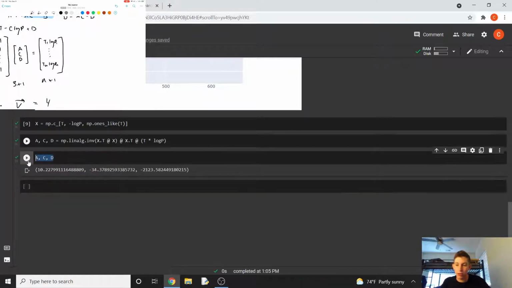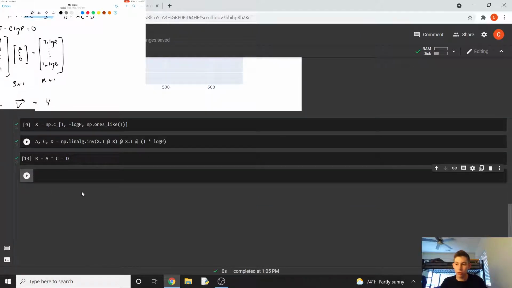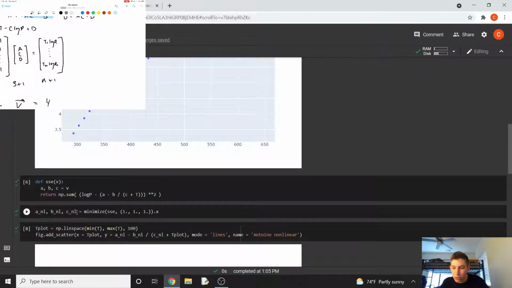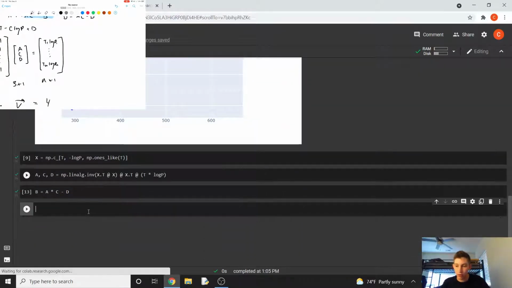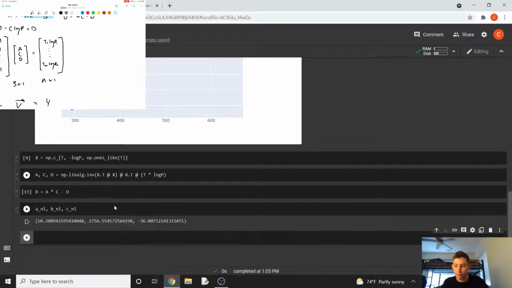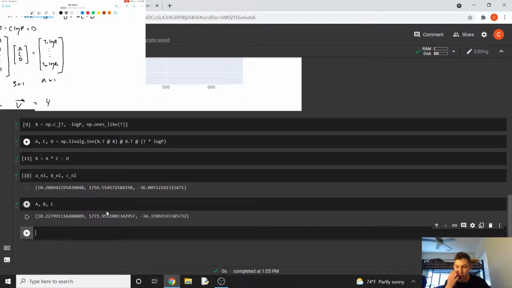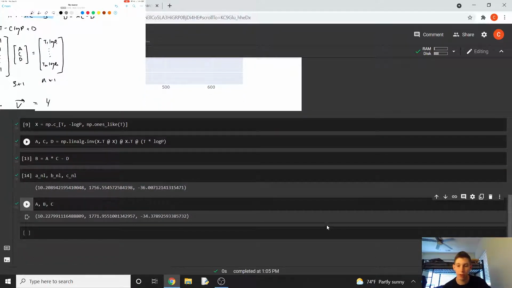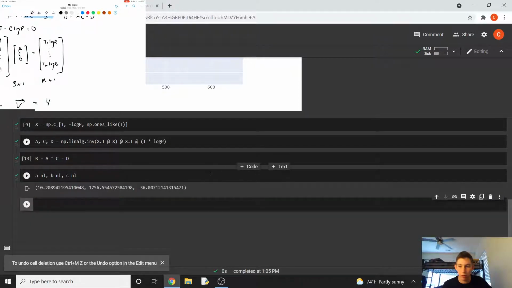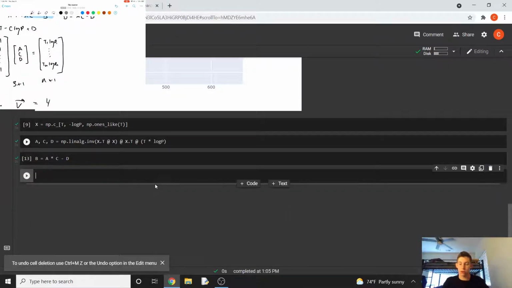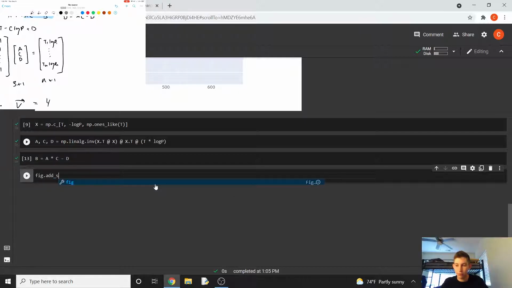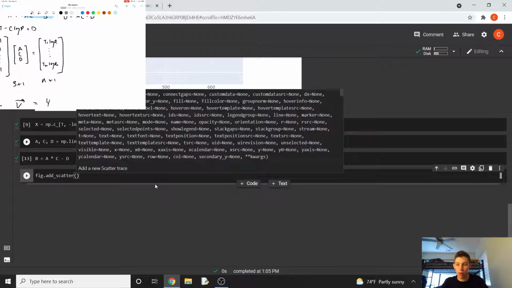Okay, and then remember we need to get b, so b equals a times c minus d. So up here, I'm going to just compare the different constants that we have, and then we'll just do A, B, and C. And these numbers check out pretty well. They're very close to each other. So now it's just a matter of going back and adding one more curve to our graph.